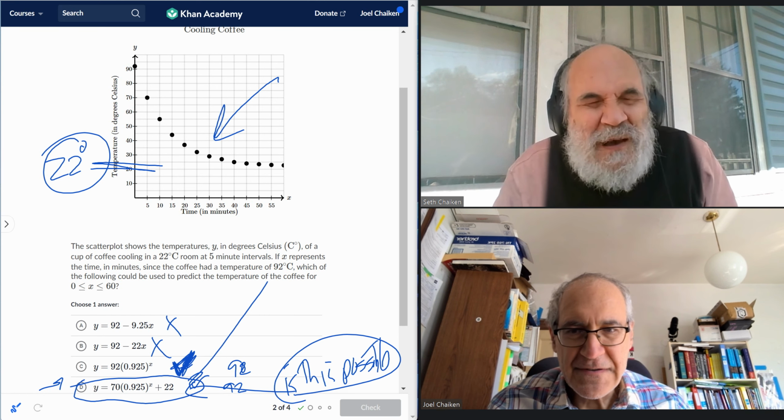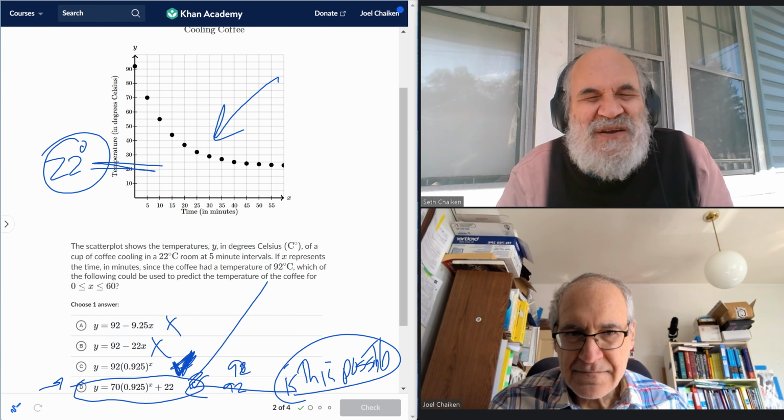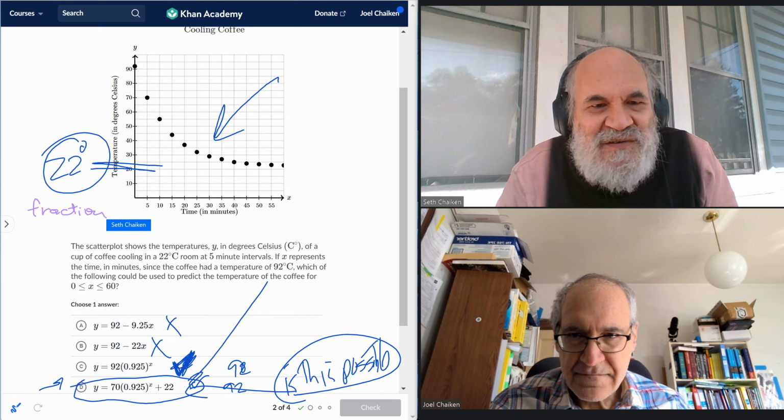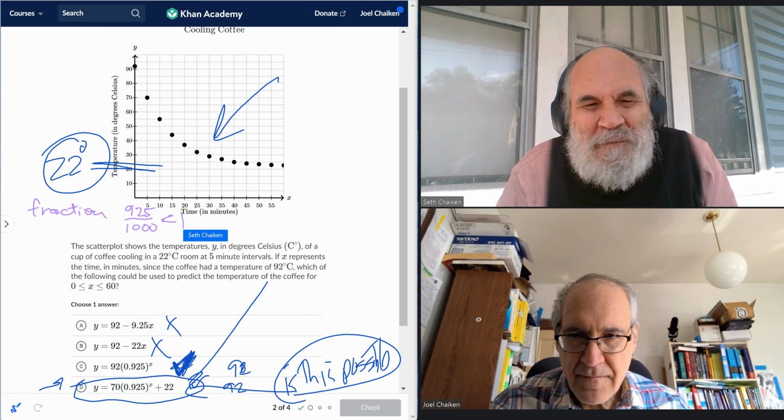Let's see. Exponential decay means you have some fraction, in this example 0.925, and the fraction is less than 1.